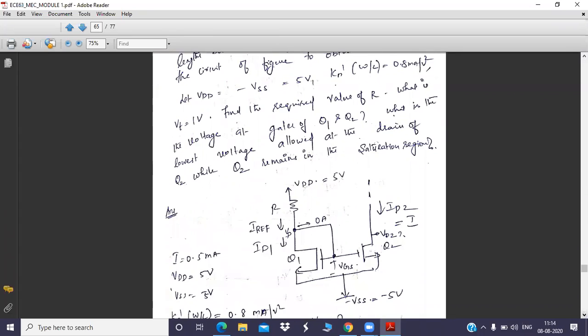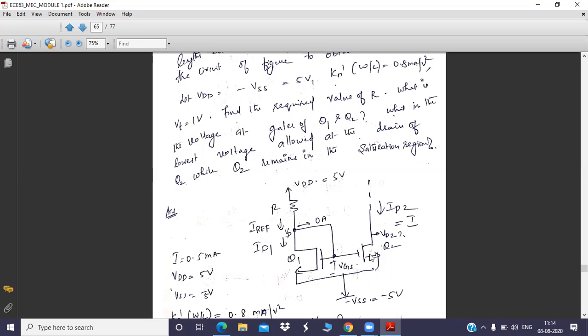Don't confuse: I is the current flowing through Q2, and I reference is the current flowing through Q1. In all cases, you can't say I is equal to IREF. There will be some difference between I and IREF based upon the variations in aspect ratio.